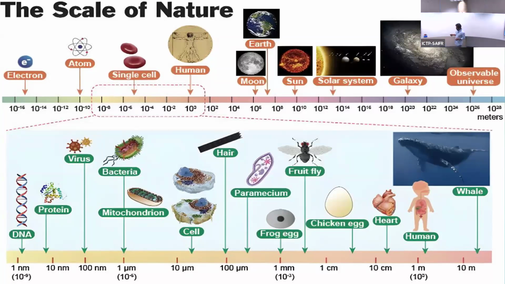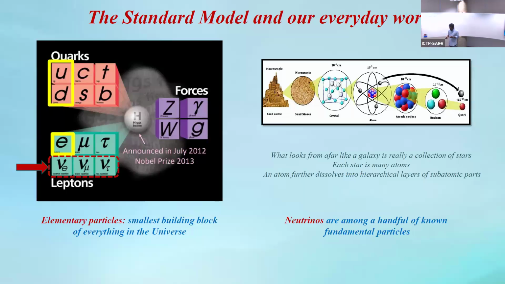Anyway, here I'm just showing the different scales. As you can see, the human scale is around 1 meter, and if you zoom in and in, you will end up with subatomic particles. So far, our understanding was in the standard model, which consists of 17 fundamental particles or elementary particles, as you can see on the left: 6 quarks, 6 leptons, 4 gauge carriers for the strong, electromagnetic and weak forces, and the Higgs boson.